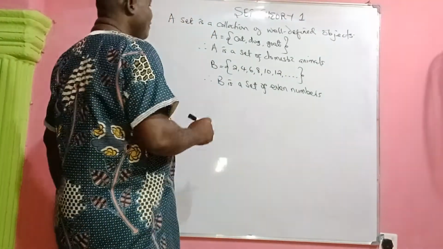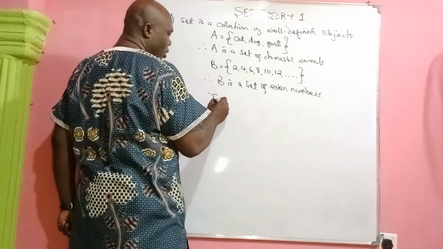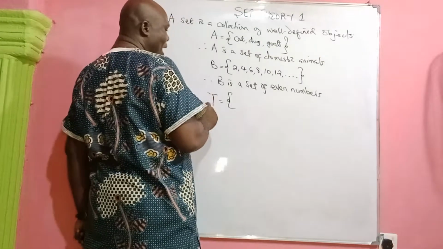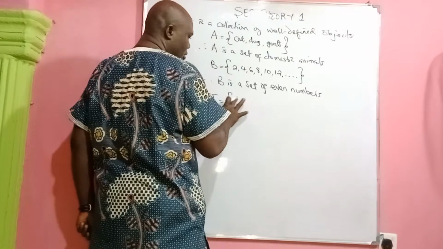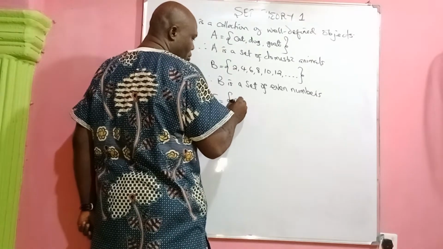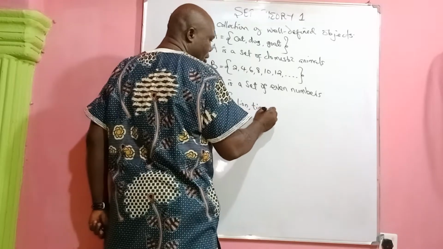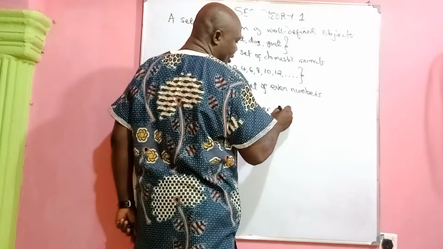But if you have this, let's say Y is the set of elements, and what you have in Y is, for instance, maybe a lion, a tiger, an elephant.